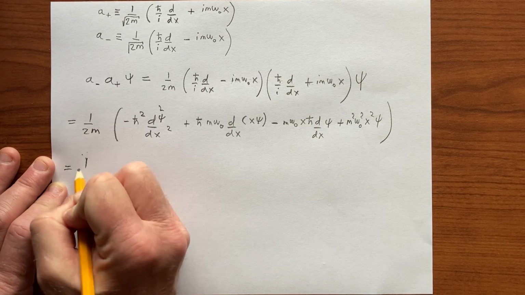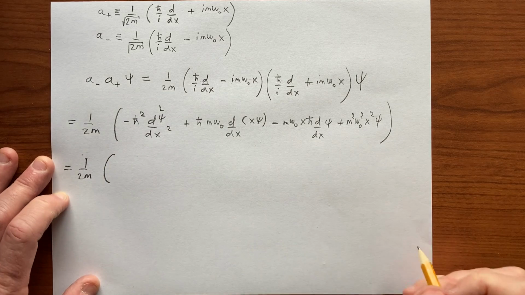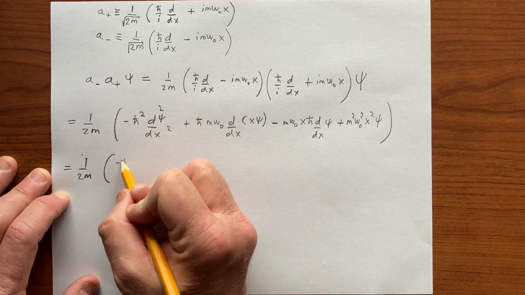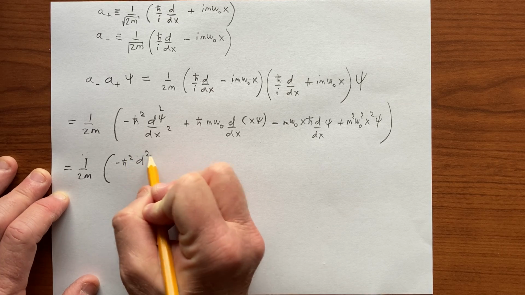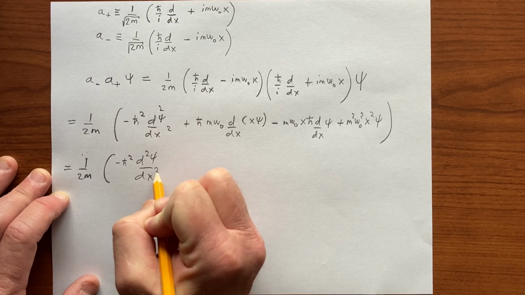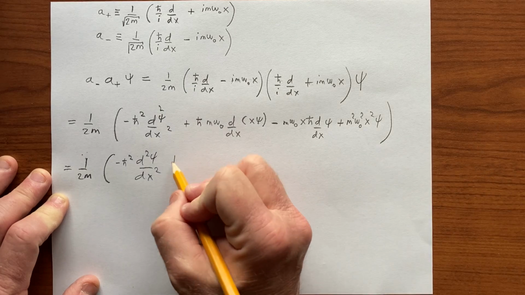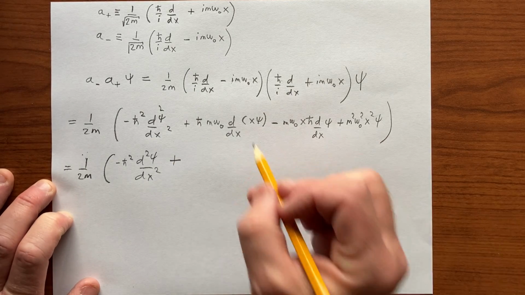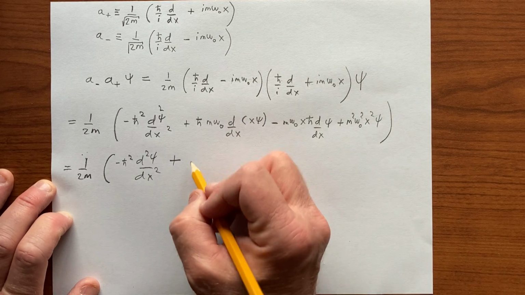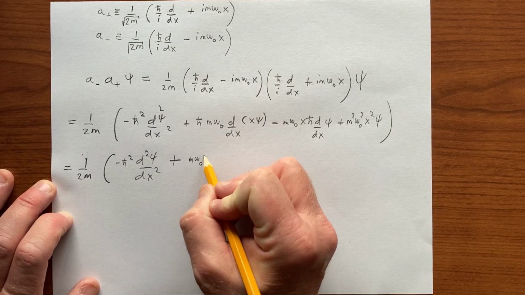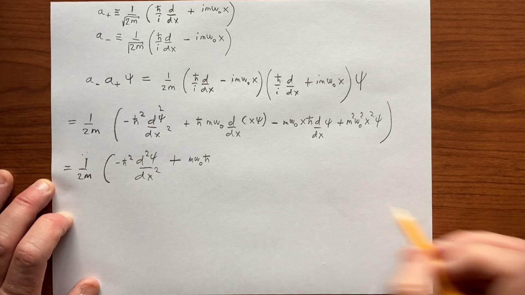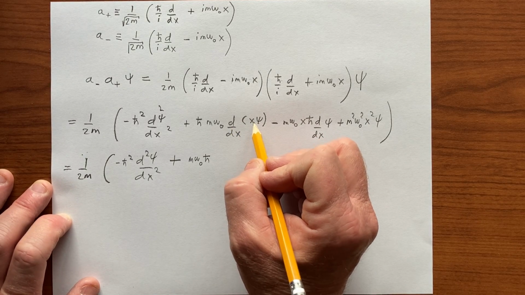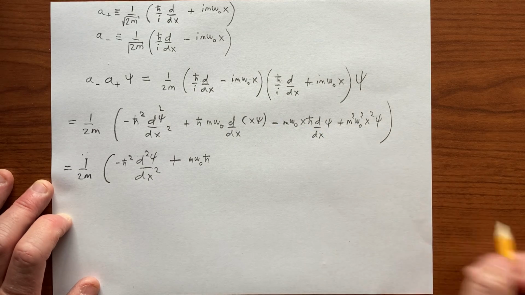Okay, so now let's work this out. 1 over 2m. Clearly this times this is the first term in the Schrodinger equation. The next term gives us, so we have the chain rule here. So we have m omega naught h bar. The first application involves the derivative of x with respect to x. That's just 1.